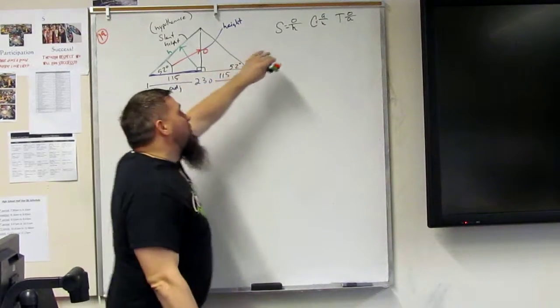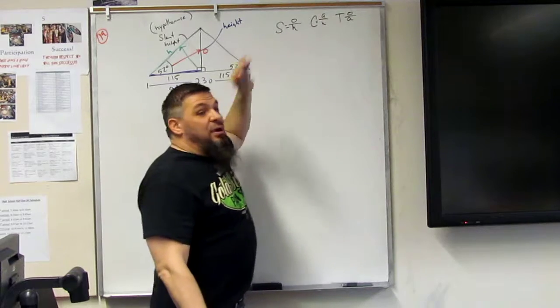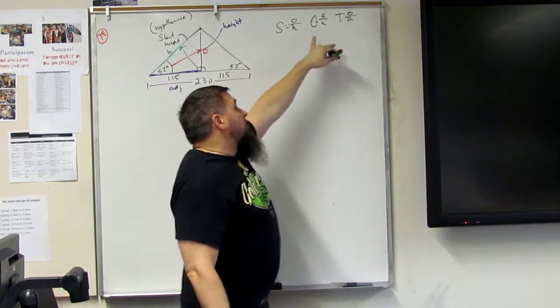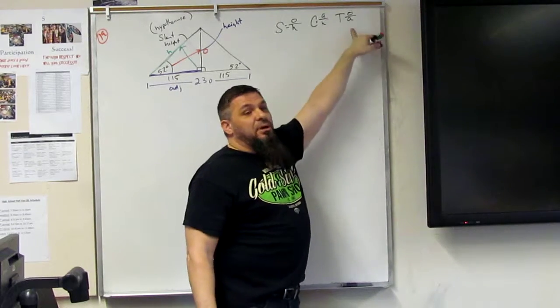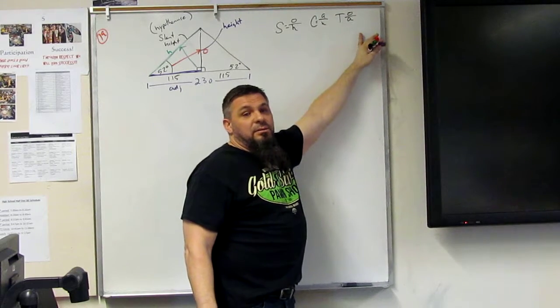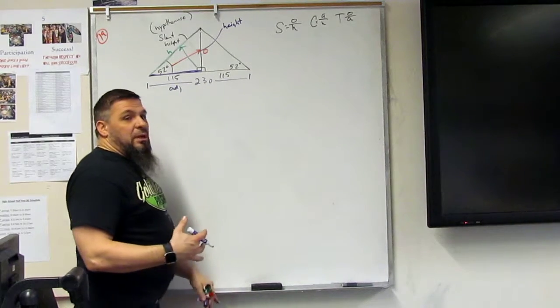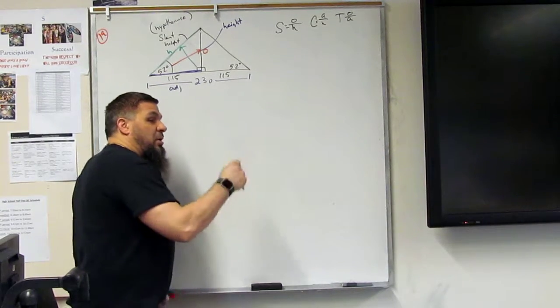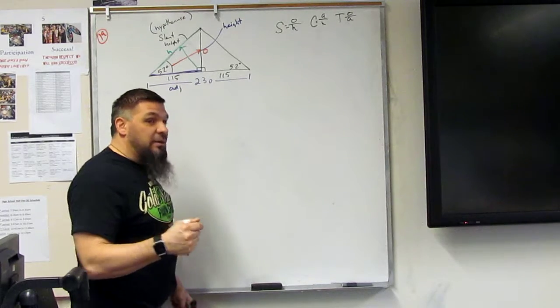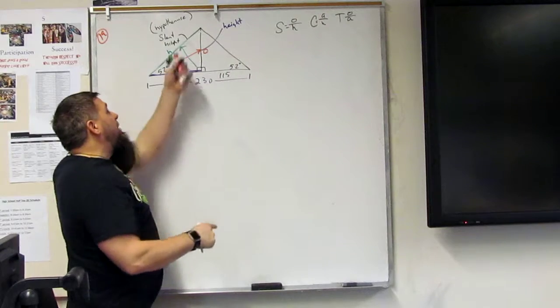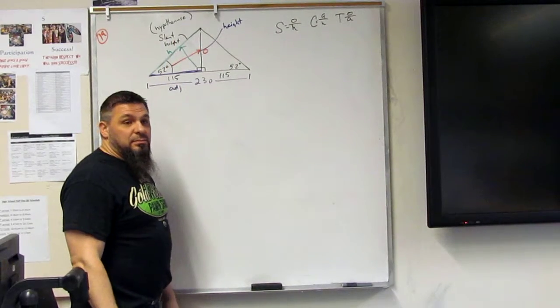I'm going to use one of these that has adjacent. I don't care which one, but I need to use one of them. So I'm either going to use CAH or TOA. It doesn't matter which one. So which one do you want to use? Cosine or CAH? Okay. So if I'm going to use CAH, I'm finding the hypotenuse or the slant height.